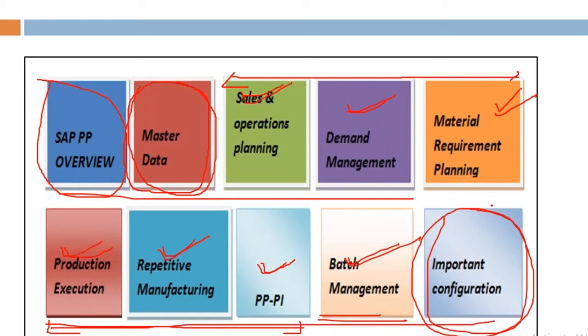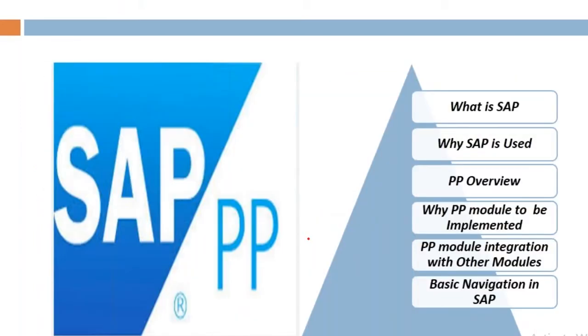First we will start with the overview part. In the overview, we will be discussing what is SAP, why SAP is used, what the PP module is all about, and why organizations implement the PP module. When they implement it, what benefits and functionalities they will get, and the integration of the PP module with other modules.